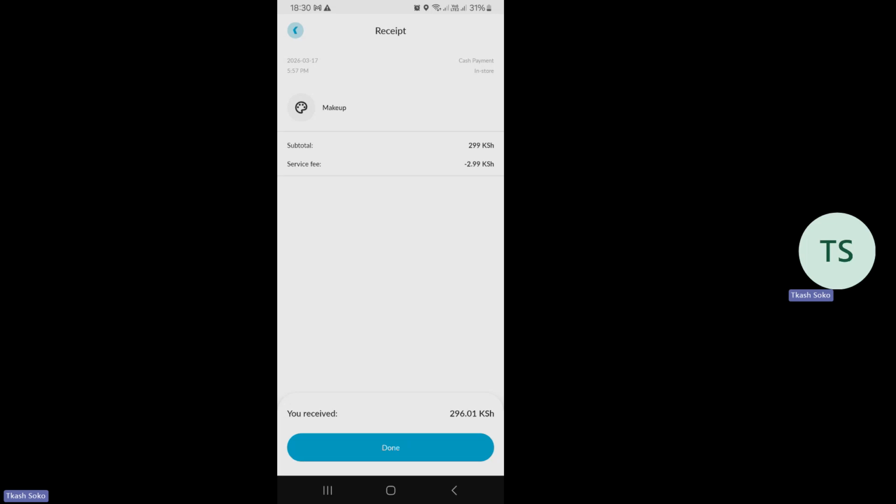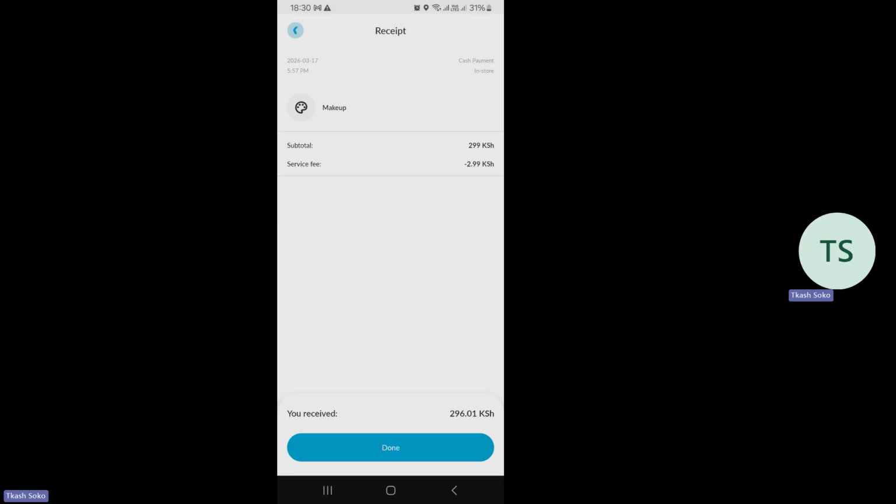When we talk about a subtotal of 299 and a service fee of 2.99, remember 299 is above 100 shillings. And therefore, the service fee or the app fee is going to be 1% of that. The 1% of 299 is 2.99.